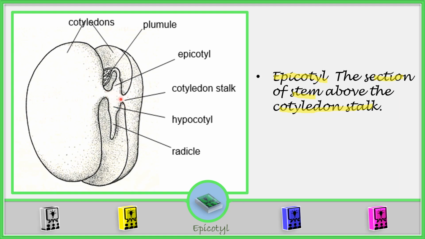The cotyledon stalk is this one, and this is the section here of the stem above the cotyledon stalk. So here we have our epicotyle part, the section of a stem above the cotyledon stalk.